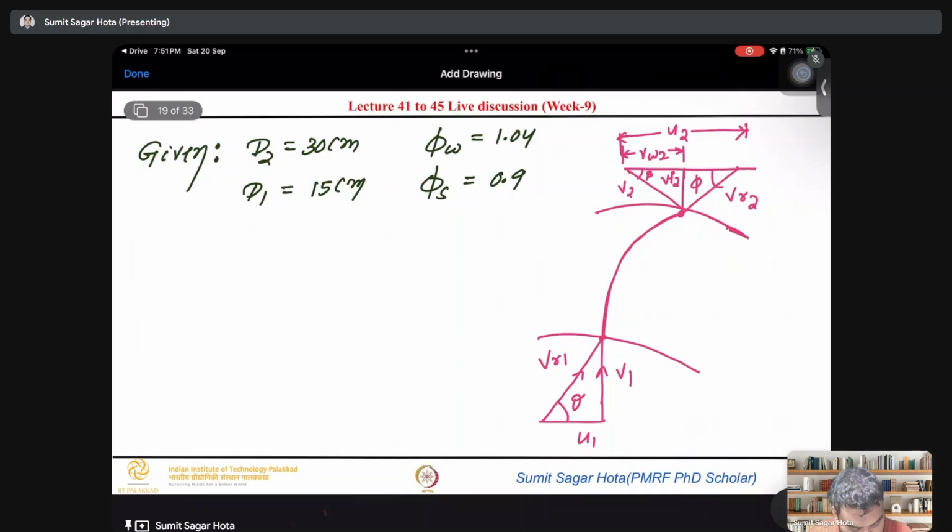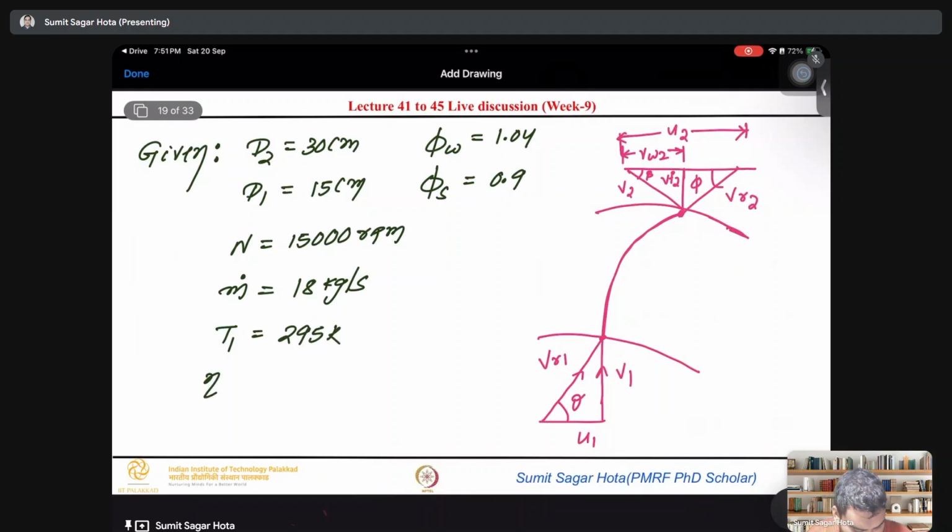N is your 15,000 RPM, m dot is your 18 kg per second, T1 is your 295 Kelvin, and isentropic efficiency is 0.78.